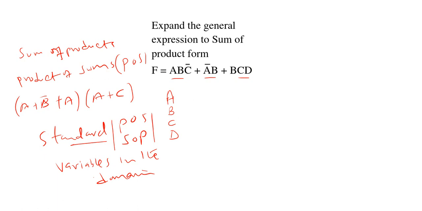For this one, we are missing a D. Here we are missing a C and a D, and here we are missing A. So we are going to expand it, that is making it a standard expression. This is how we approach it.